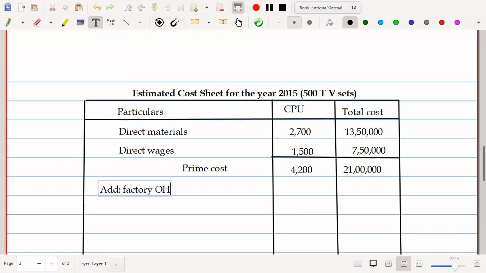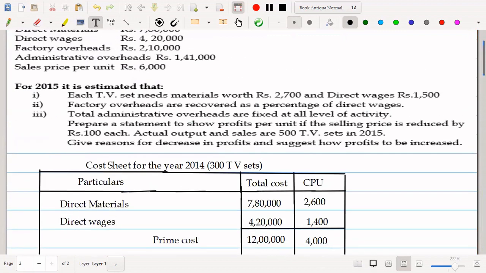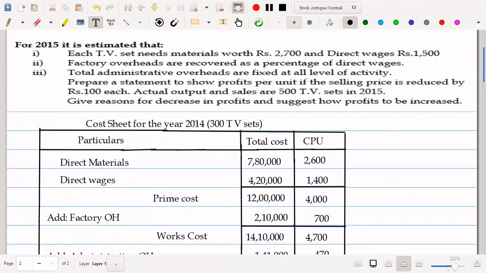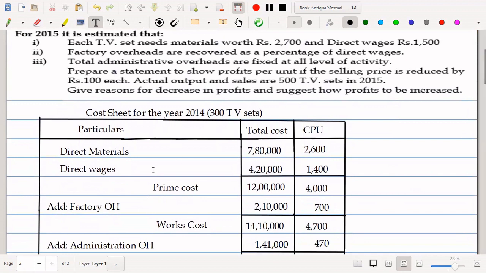Let's look at what information is given in the problem for factory overhead. Factory overheads are recovered as a percentage of direct wages. So factory overheads are recovered as a percentage of direct wages. In the last year, that is in the year 2014, we have to see what relationship the direct wages have with this factory overhead.